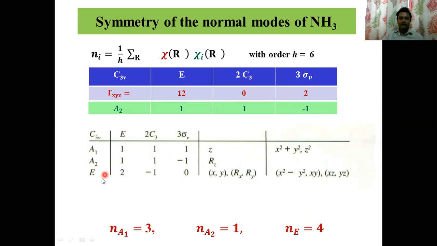This is the character table. So we need to find out how many A1 or how many A2 or how many E are coming under this total reducible representation based on Cartesian coordinates, right? Then we will remove the translations and rotations from this, that will come later on. But for the time being, I'm just picking up this one for a particular reason because that will give you a little bit better idea, right?